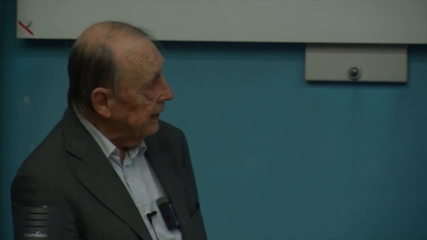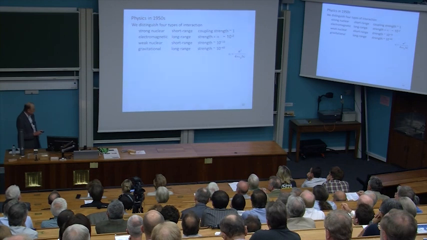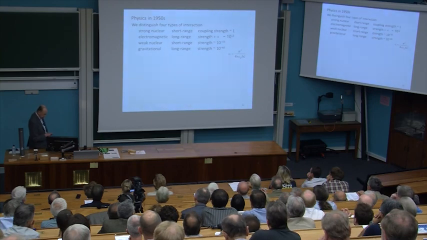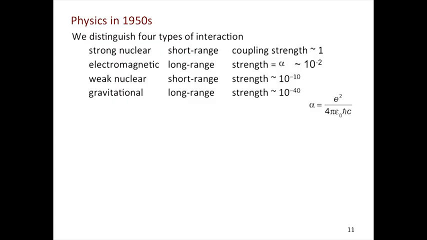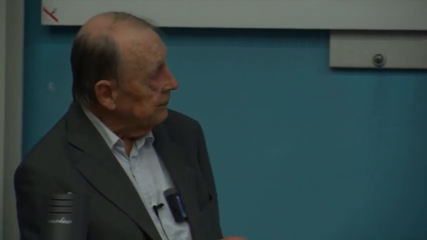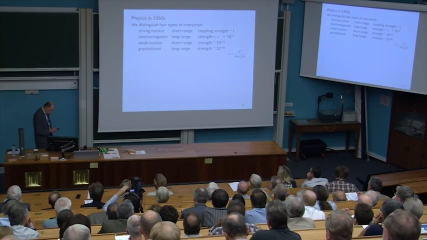And all these are characterized by a coupling strength. For electromagnetism, this is the fine structure constant, which is determined by the charge on the electron and various other constants, and has a value of about 1 over 137. And there are corresponding numbers for the others, which at least in the 1950s were seen to be like that.